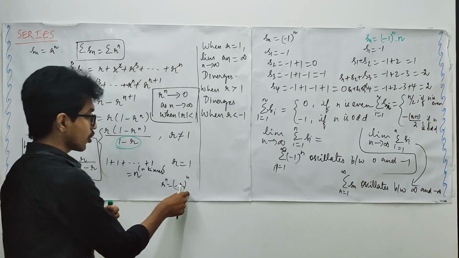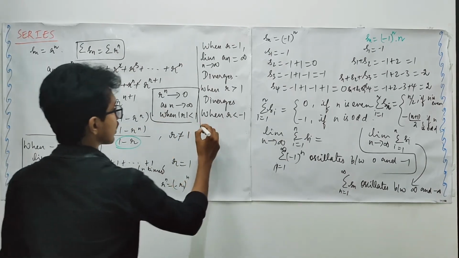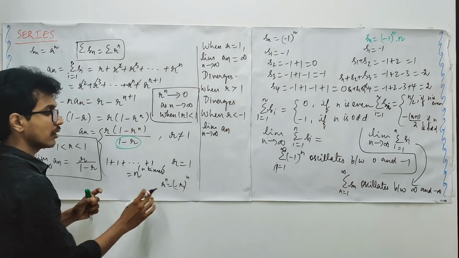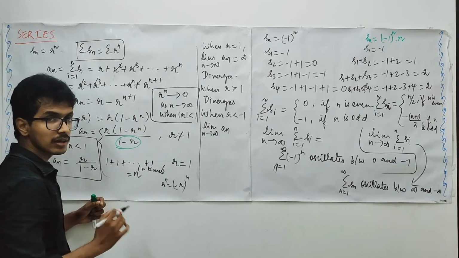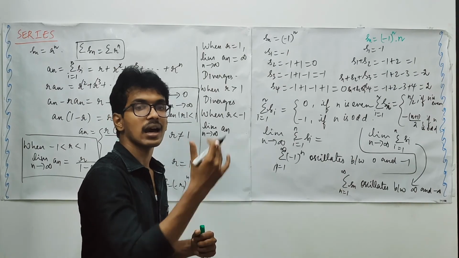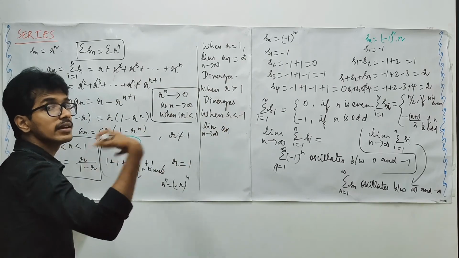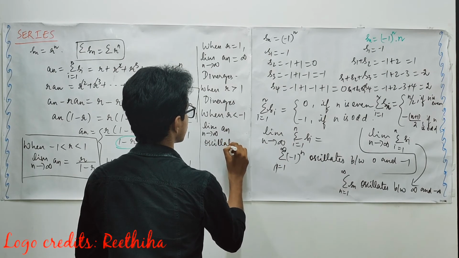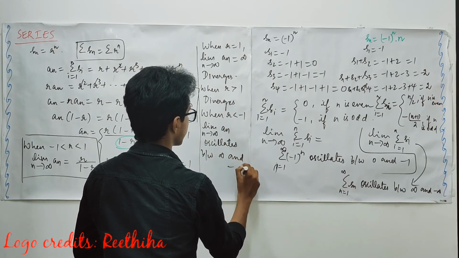So when n approaches infinity, can you give me an assurance this is going to be a positive or negative quantity? No. We cannot certainly say whether n is going to be odd or even. This may approach infinity or minus infinity. So in this case, it oscillates between infinity and minus infinity.